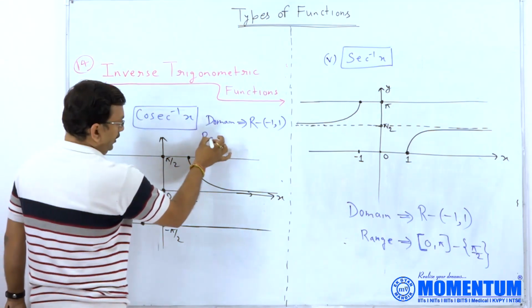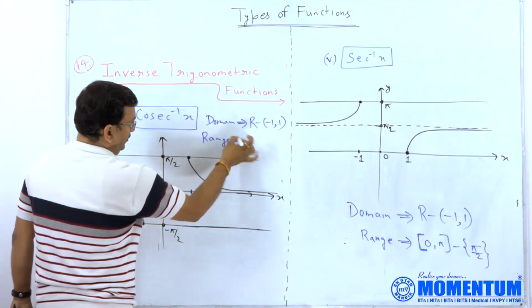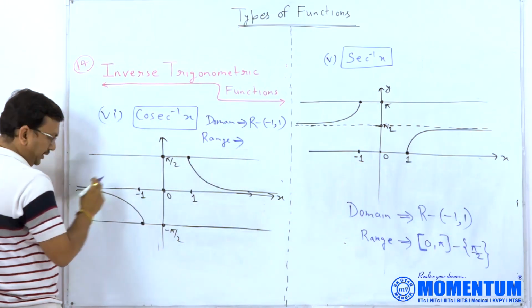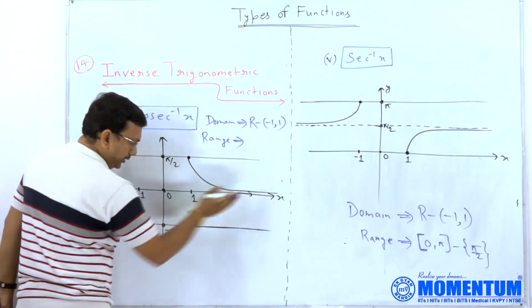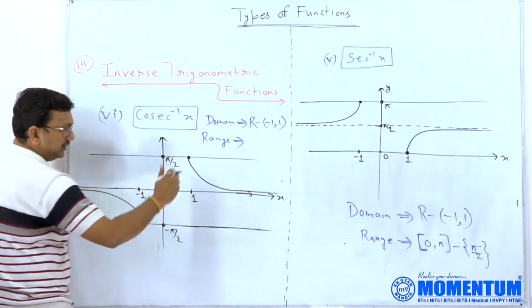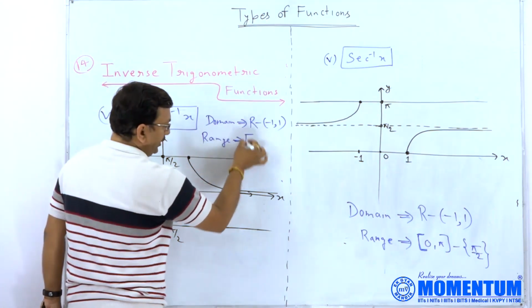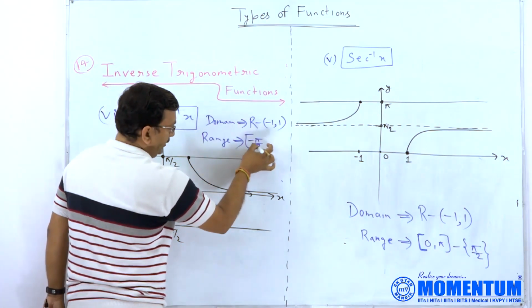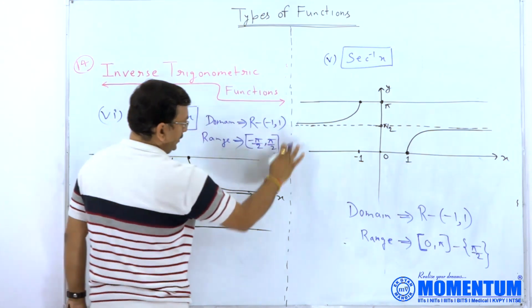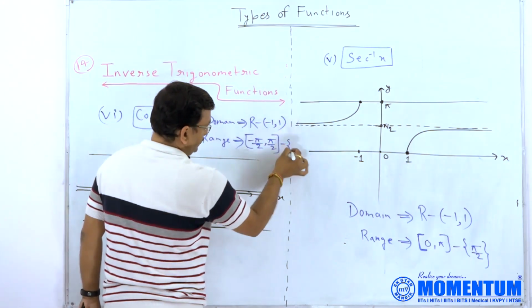Now for range, on the y-axis we are covering -π/2 to π/2, but 0 is not coming. The graph is above 0 and below 0, but 0 is not included. So range is square bracket -π/2 to π/2 excluding 0.